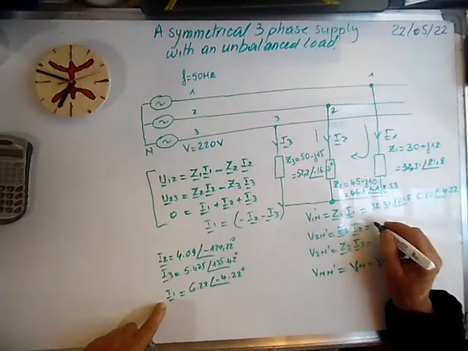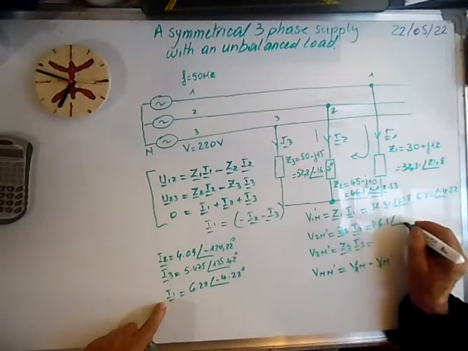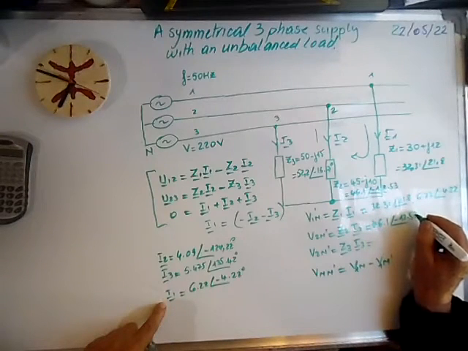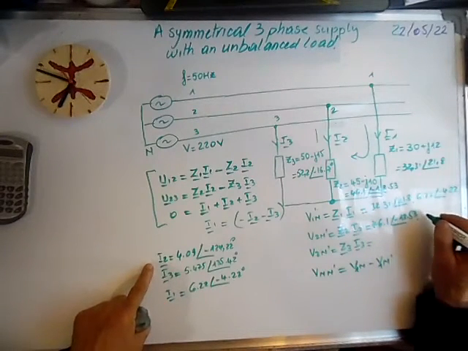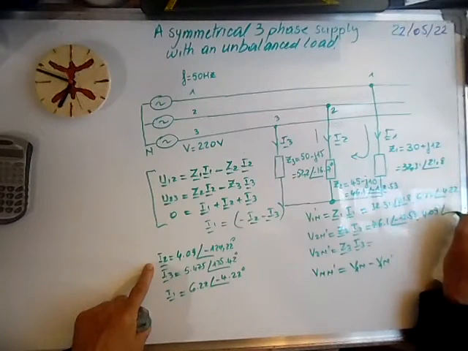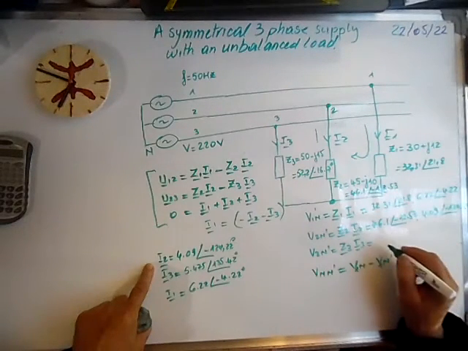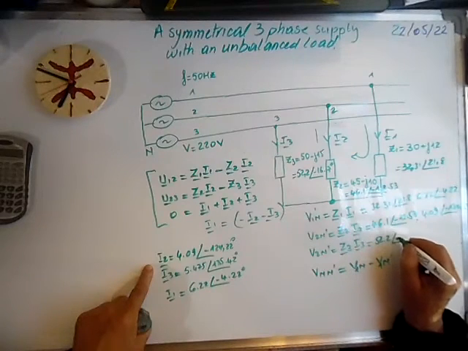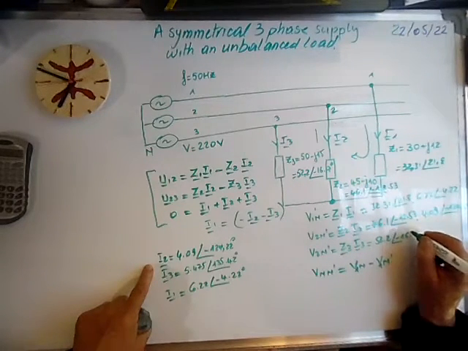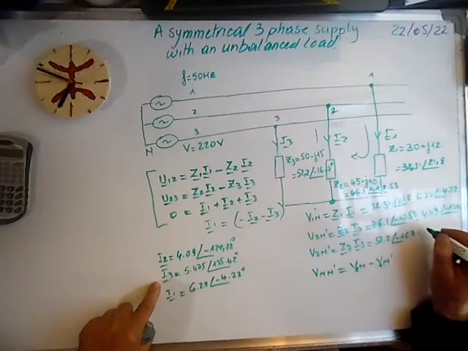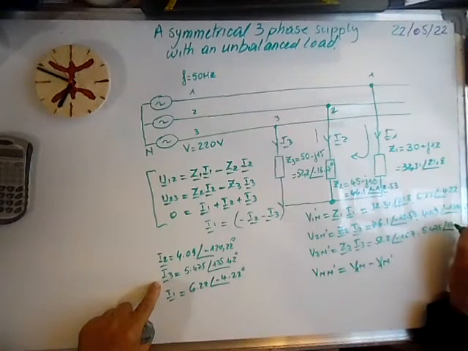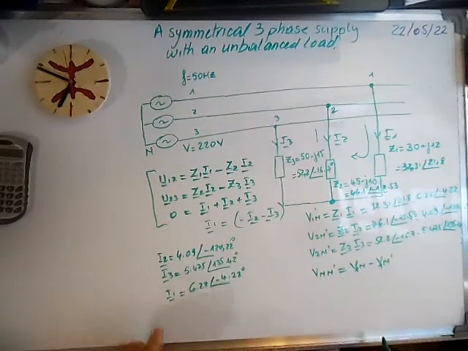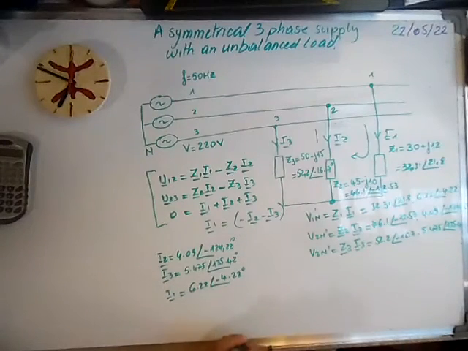Here Z2 is equal to 46.1 ∠-12.53 times I2, which is equal to 4.09 ∠-124.22, and here Z3 is equal to 52.2 minus j16.7 times I3, which is equal to 5.475 ∠135.42.